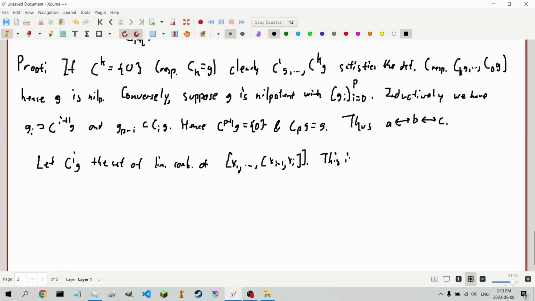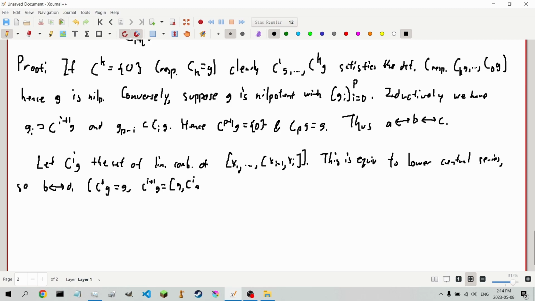This is equivalent to the lower central series, so we get B if and only if D. Just note that C^1 of G is just G, and that C^(i+1) G is just the bracket of x with any element, and then you can have i terms in the middle, which is an element of C^i G. So that just reduces down to being the lower central series.